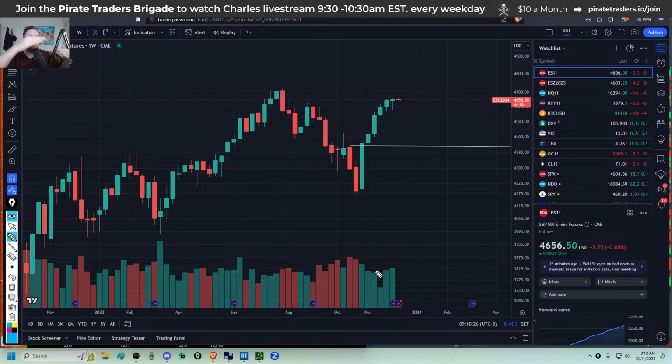We can see that because the trend is aging the further it goes. That increases the odds in my mind that if we get up here to test these previous highs above 4,700, we will likely get a fail and come back down to backfill some of this excess. But okay, let's zoom into the daily and look for some more information there.